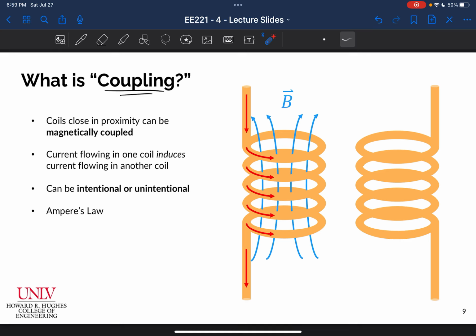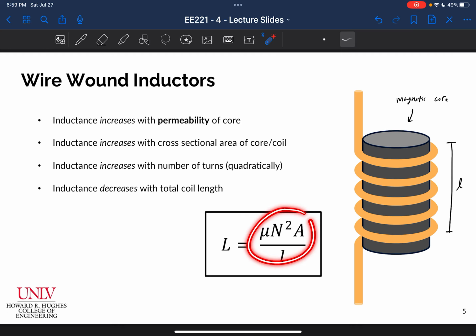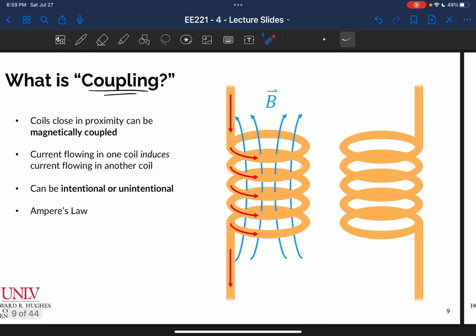I can create an electromagnet and create a large magnetic field by adding turns, decreasing the distance between these turns, and increasing this area. That's all what we saw here with this equation for the inductor, all the different ways that we can increase the inductance of this coil.